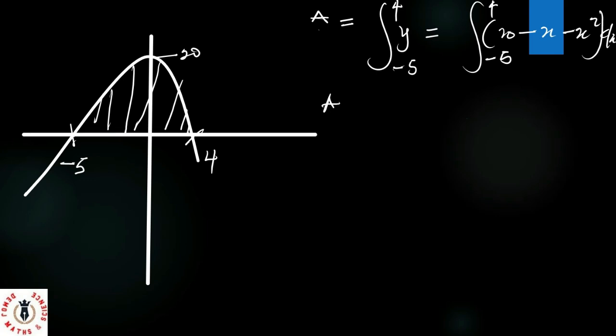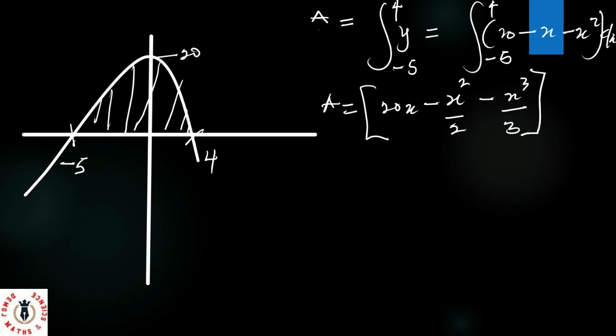So my area is the same thing as integrating. Integrating 20, which is a constant, becomes 20x. Integrating minus x squared becomes minus x raised to power 3 over 3. You can check the description below also for our lesson on integration. I'll place a link to that lesson.